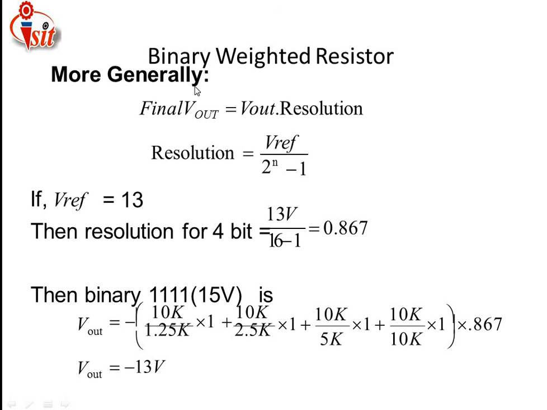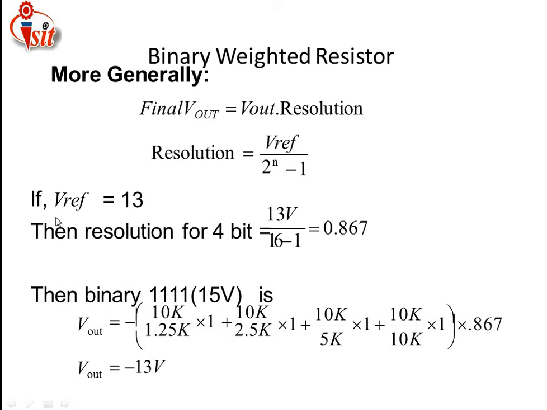Then, more generally, how are we calculating the binary weighted resistor value? Just see here. More generally, the final V out is equal to V out resolution, and we know the formula for the resolution is reference voltage divided by 2 raised to n minus 1.